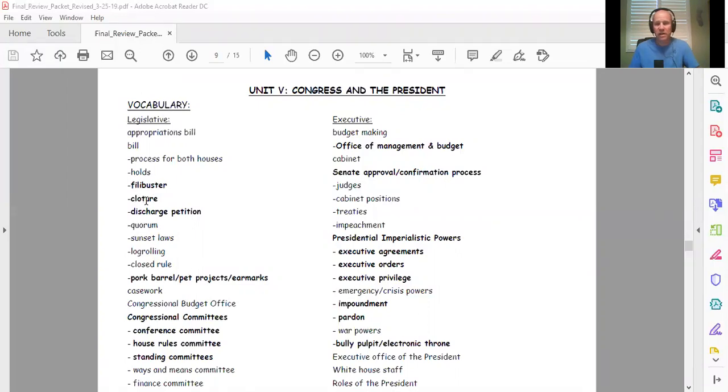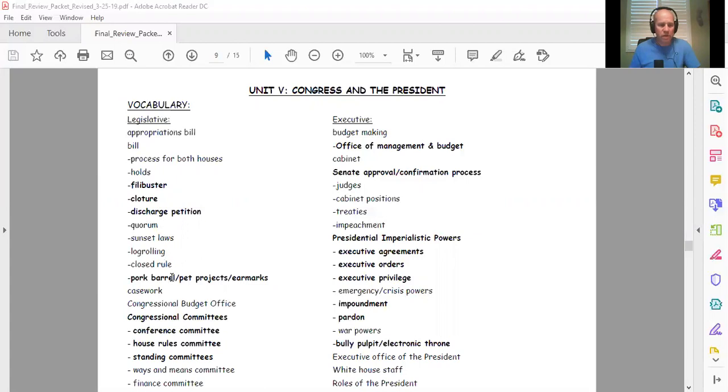I don't think they're going to have a question about the bill passing process, but it could be a possibility in the FRQ, showing how difficult it is to pass a bill through Congress. That is because of all the steps it has to go through: the House, the Senate, getting assigned to committee. Most bills die in committee. Remember all that, okay?